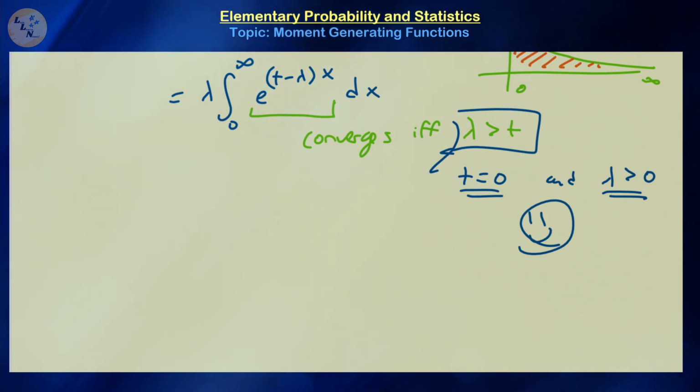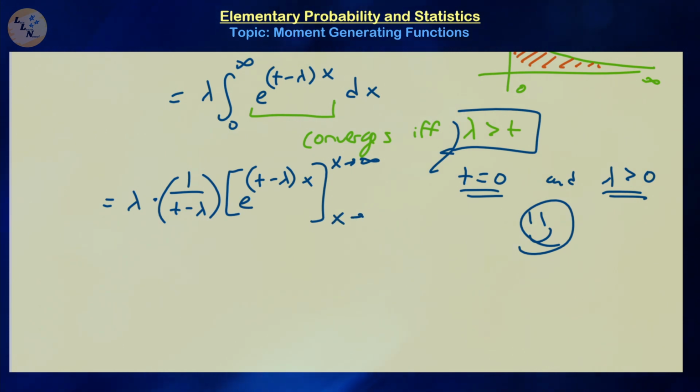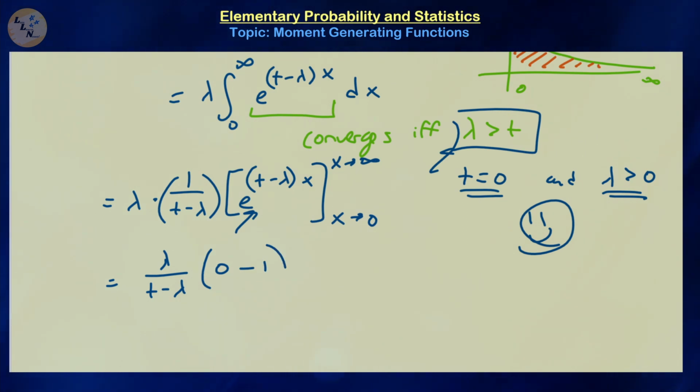So let's just do some baby calculus here. That's going to give us lambda times, t minus lambda is going to be a constant, so I'm going to be dividing by it. And then we're going to be evaluating t minus lambda to the x, as x goes to infinity and as x goes to 0. So in the front we have lambda over t minus lambda. As x goes to infinity, this curve goes to 0 by assumption, and as x goes to 0, this goes to 1.